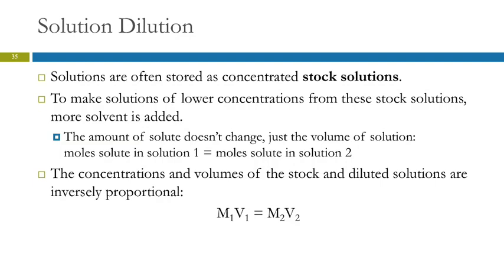So we often store concentrated solutions. We call these stock solutions. We have them in stock, and we store them in the stock room. So when we need a more dilute solution, just like with the orange juice, we just add more solvent and dilute it until we get the right concentration.